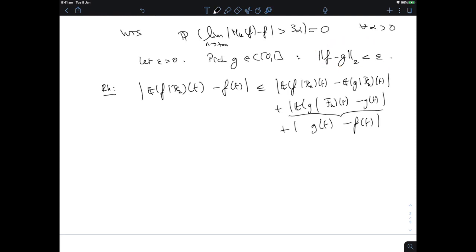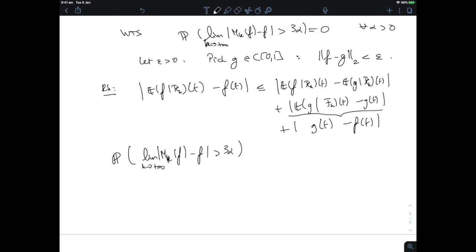So let's see how we exploit that. So what have we got? We need to compute the probability that the limit of mkf minus f is greater than 3 alpha as k goes to infinity.